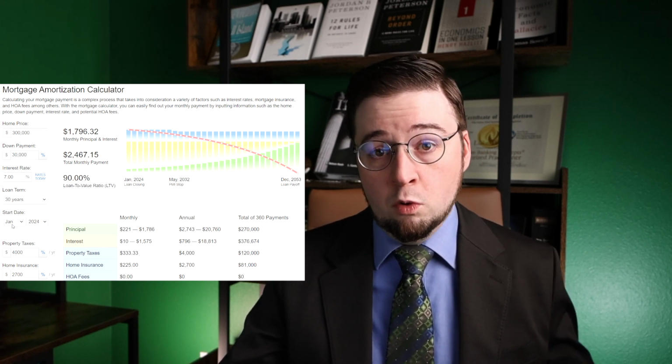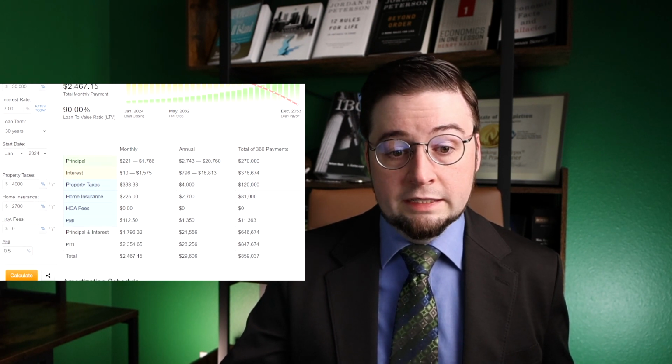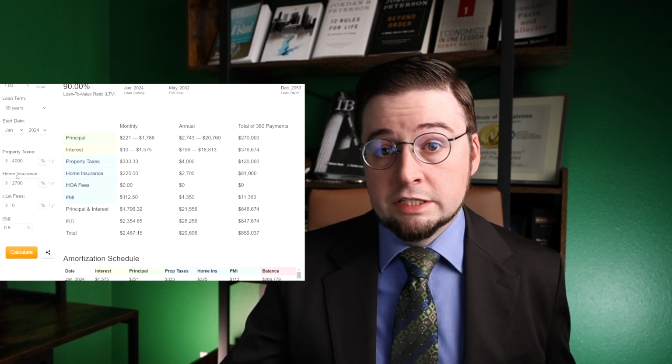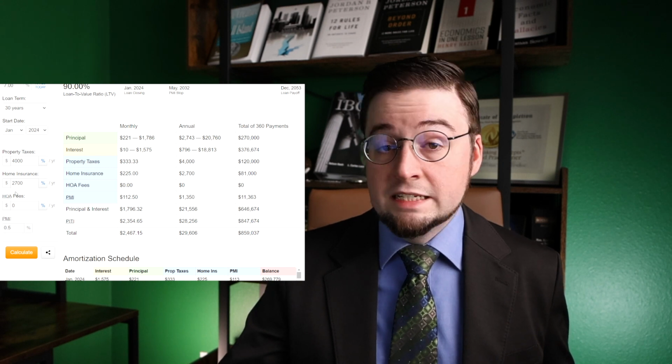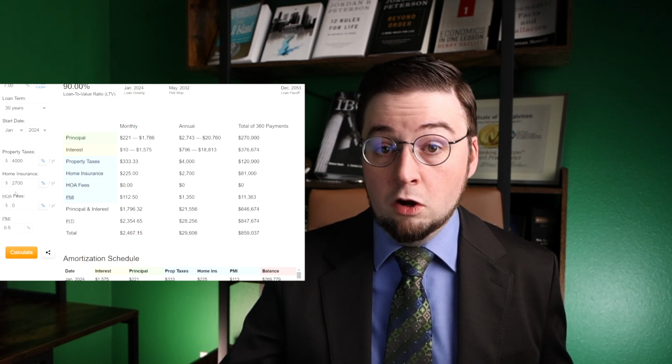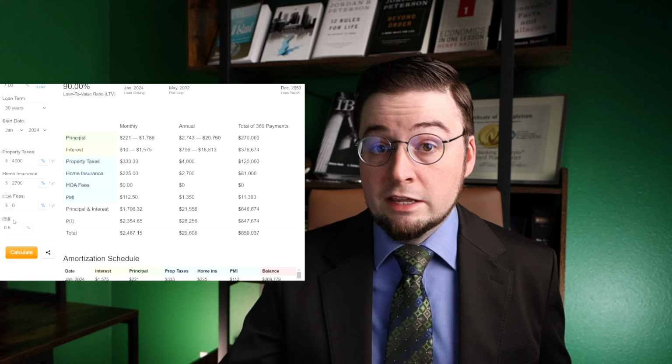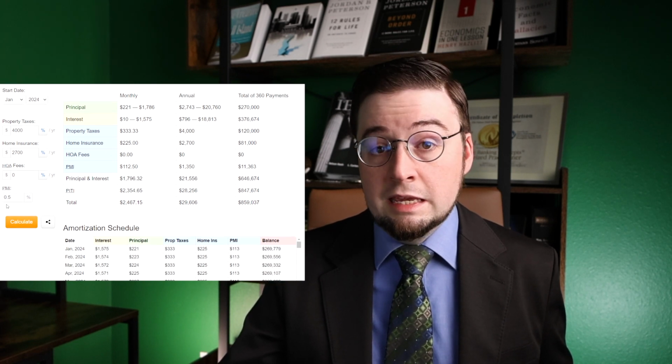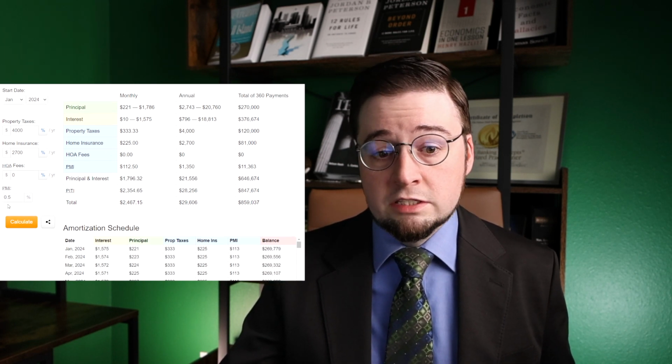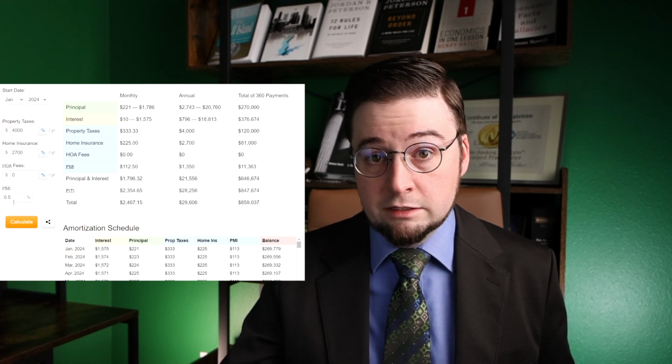That's the year I'm recording this video. Scrolling down, we have $4,000 a year in property taxes, $2,700 a year in home insurance, no HOA fees, and PMI, or private mortgage insurance, of 0.5%.